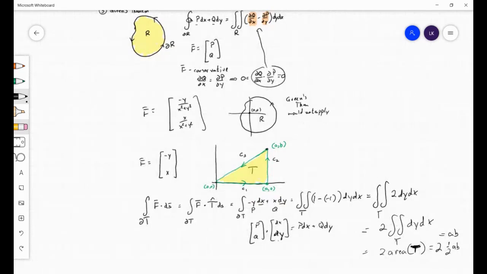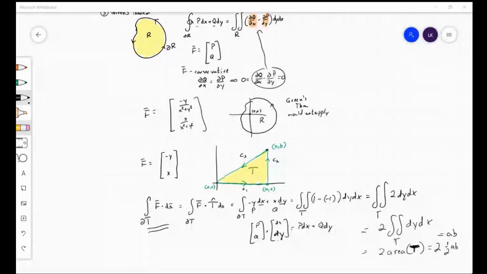And for practice, you can try to do the work integral directly by parametrizing each side of our triangle and integrating. Okay, so that was a quick example of Green's theorem.